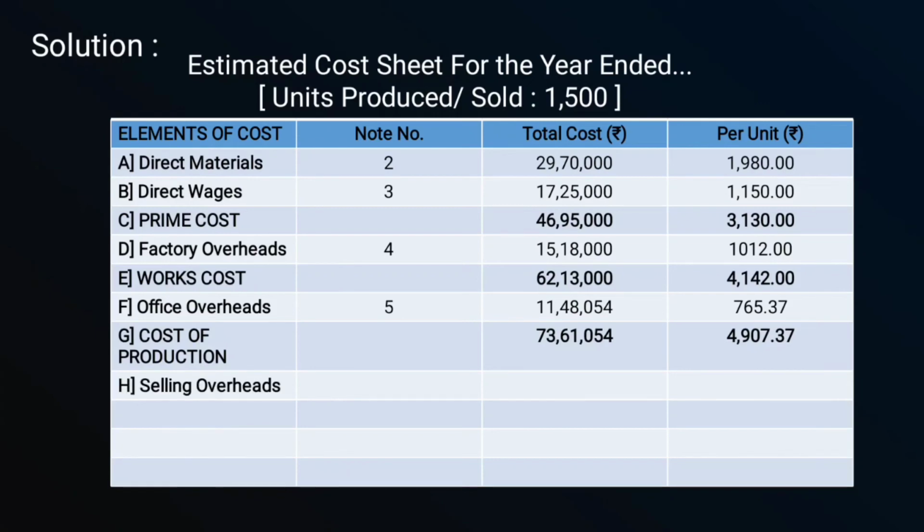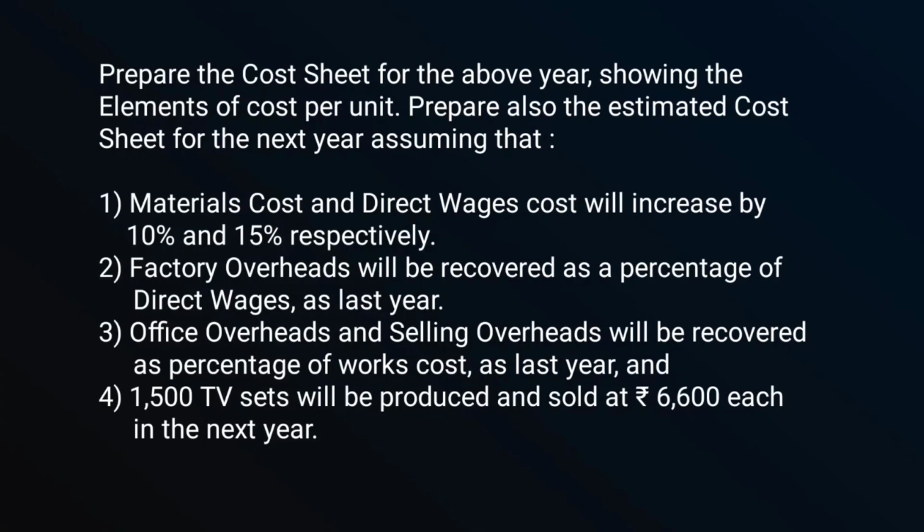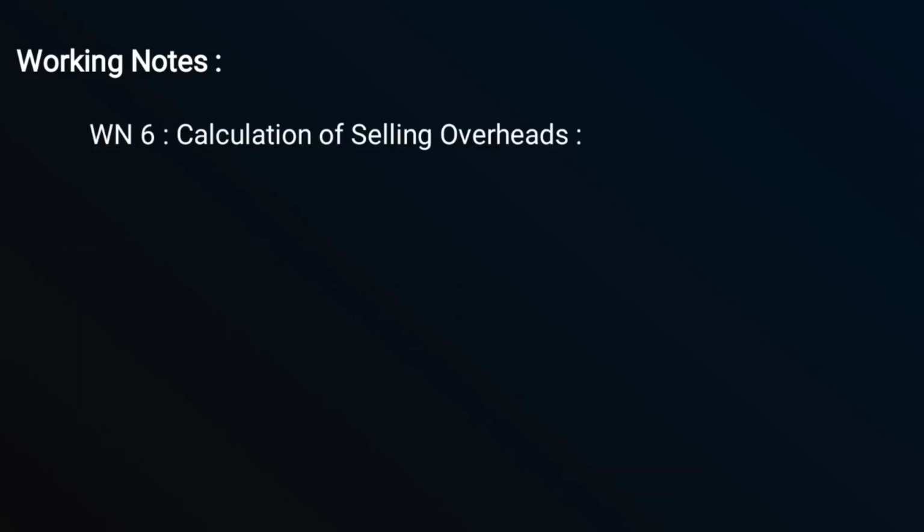Part H, selling overheads. So selling overheads will be recovered as a percentage of works cost as of last year. So let us prepare working notes. Working note number 6, calculation of selling overheads.